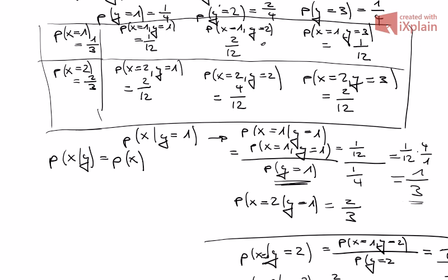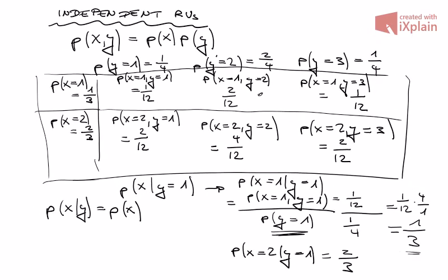Yeah, so y is 1, 2, or 3. Probability distribution over x doesn't change. And we got to that by defining the whole thing by this factorization property, or by saying, okay, the joint probability of x being some value and y being some value is given by the product of x being some value and y being some value.